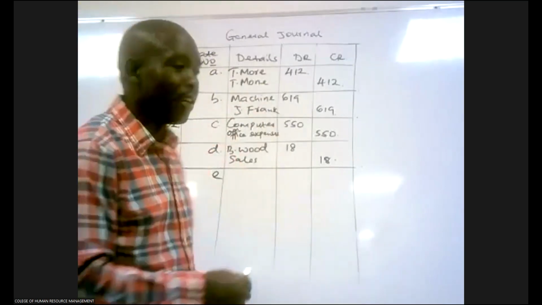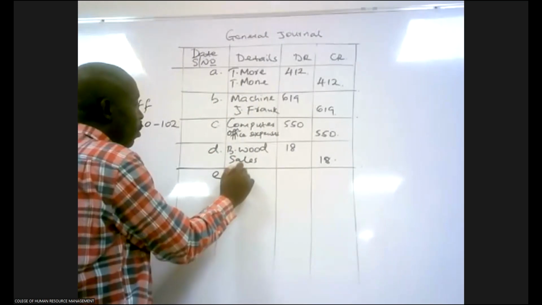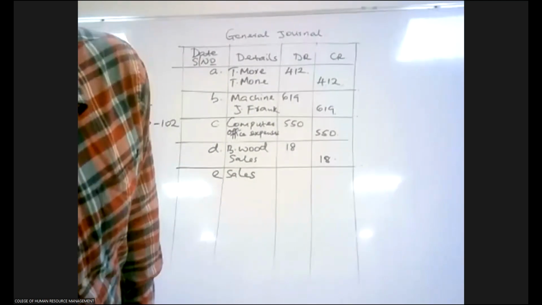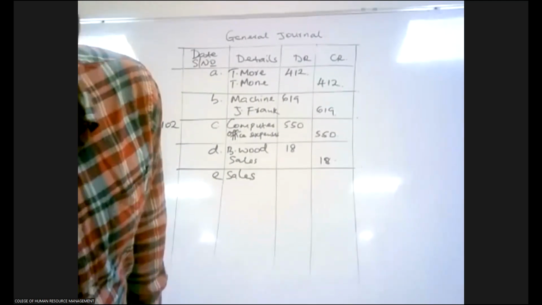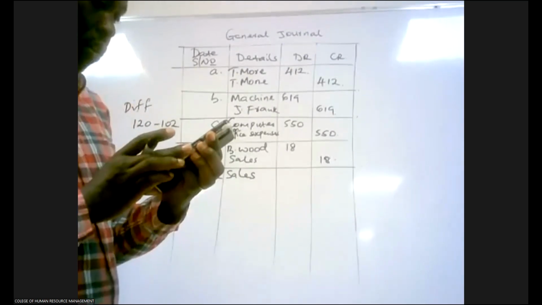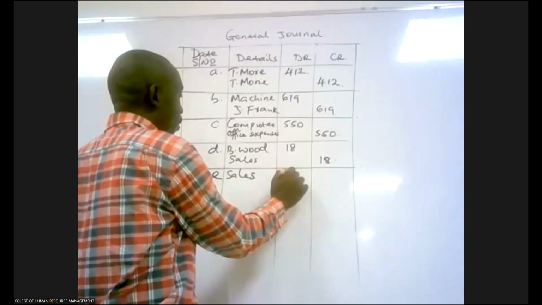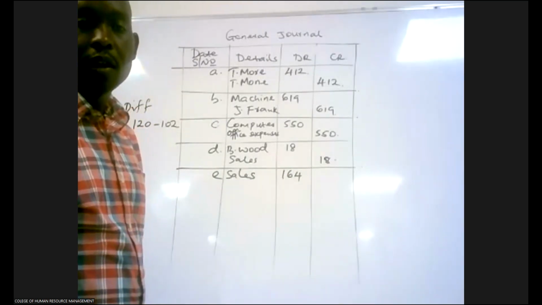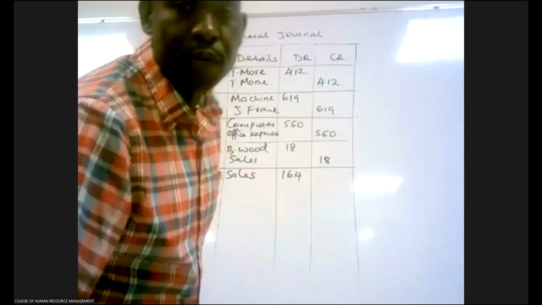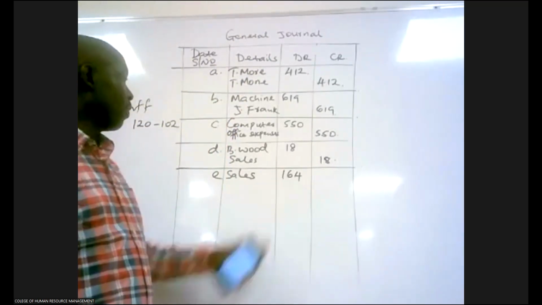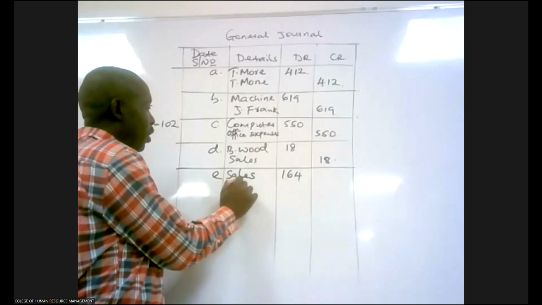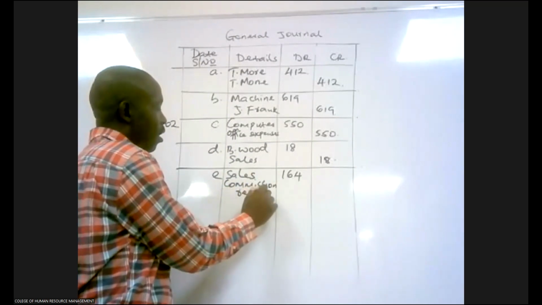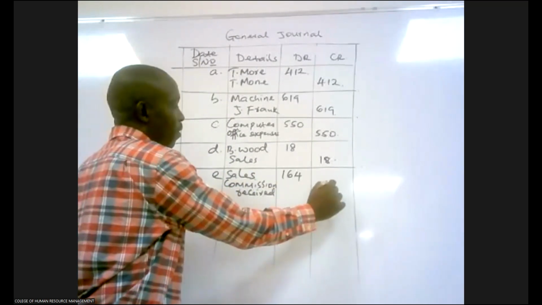So we shall debit sales to cancel the wrong credit. We shall debit 164 on sales and credit commission received of 164.